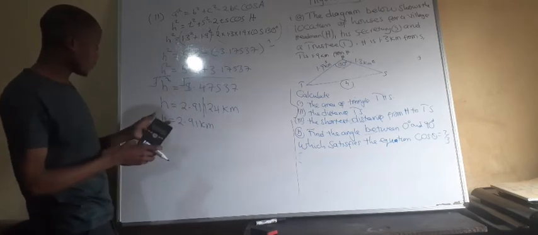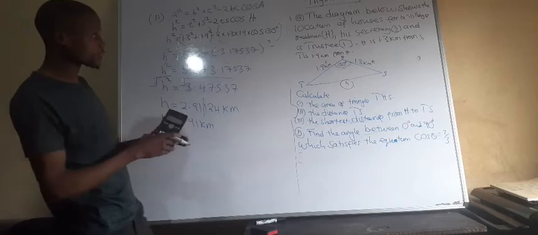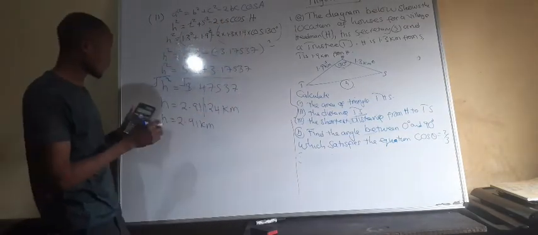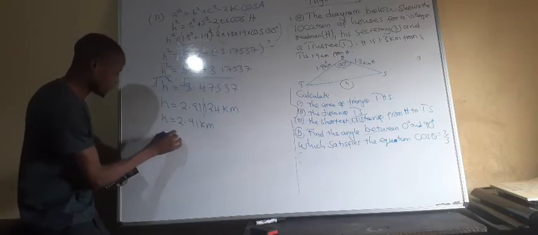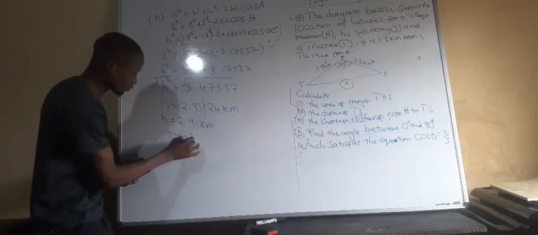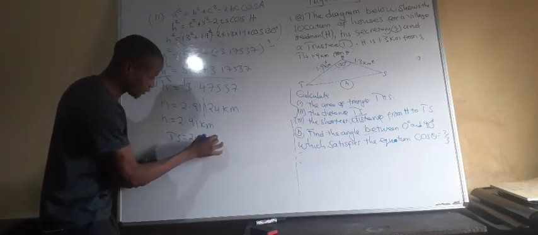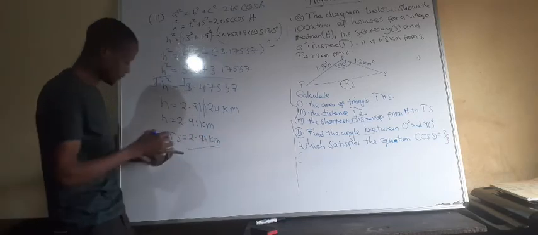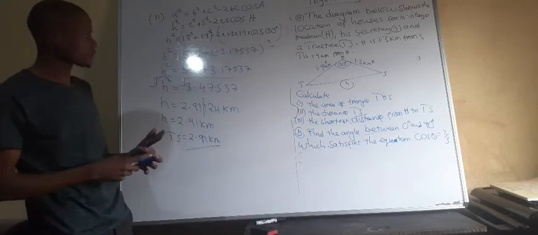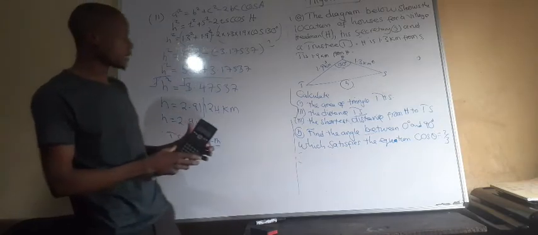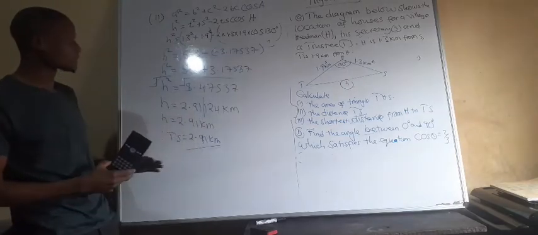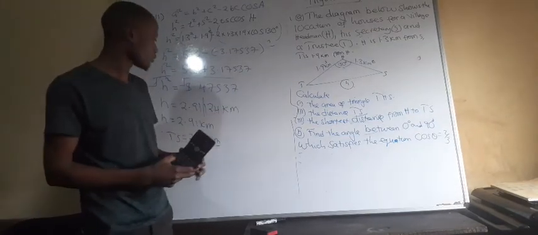Now, the question is not asking you to find the H, the question is asking you to find the TS. So you say, therefore, the distance TS is equal to 2.91 kilometers. Because if you leave H there, sometimes it can give questions, where did you get H from? But we are looking for the side or the distance TS. So that's the answer for question Roman number 2.